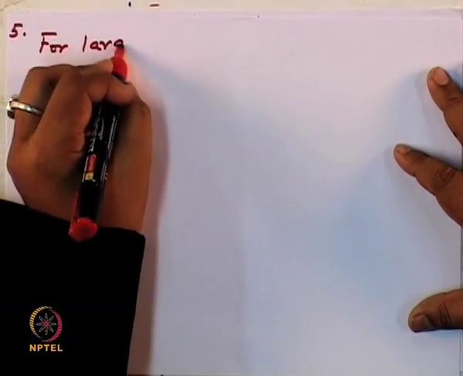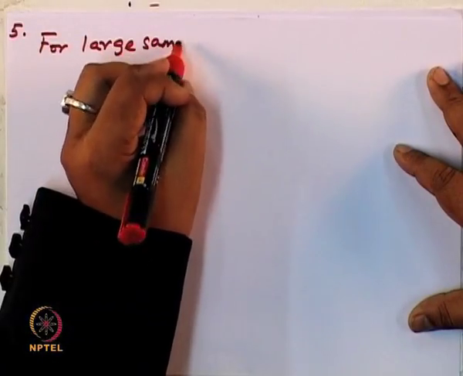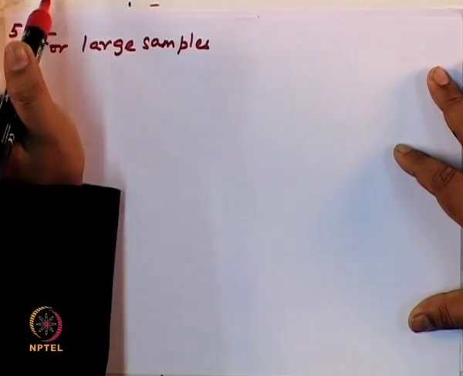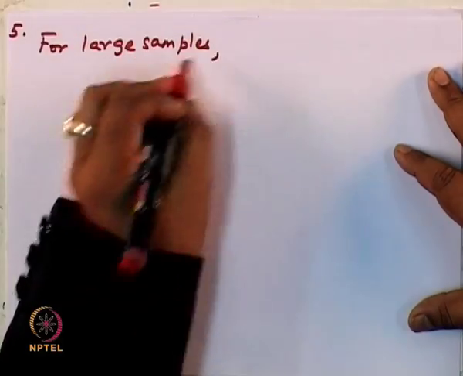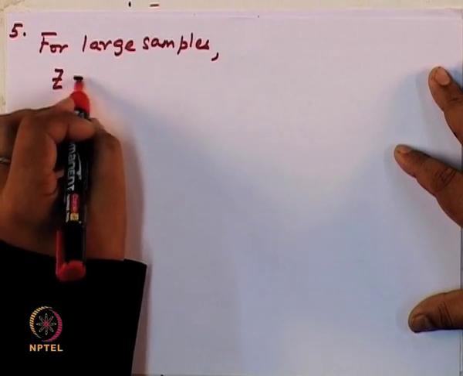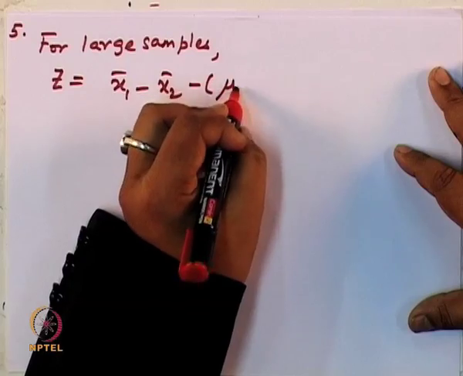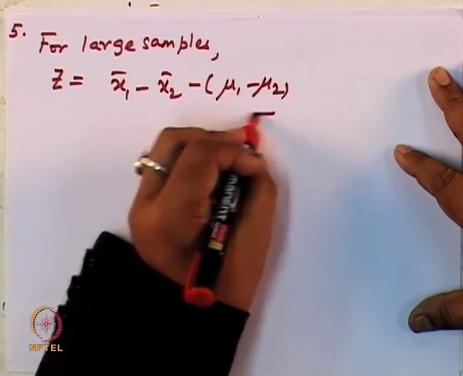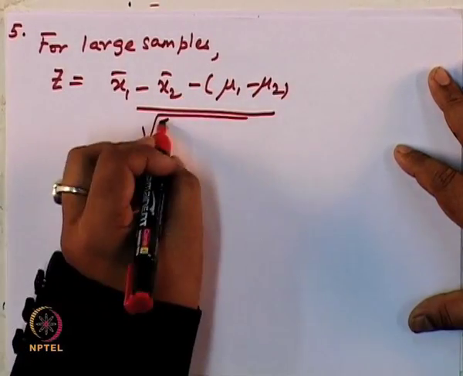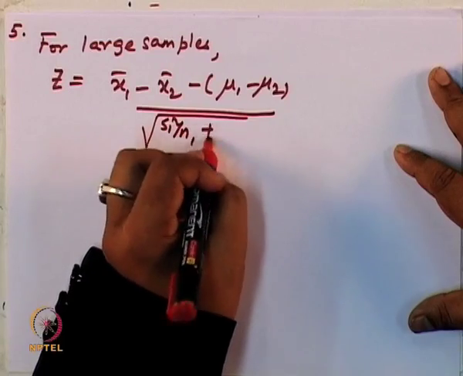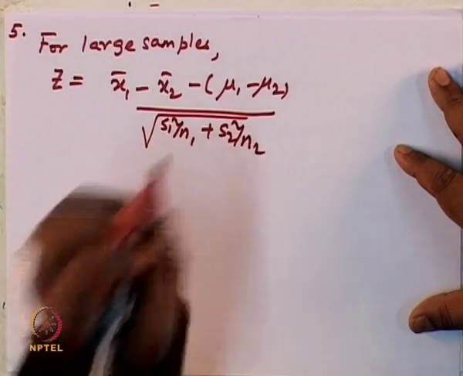You know that for large samples, you calculate the test statistic as x1 bar minus x2 bar minus of mu1 minus mu2 by root of s1 square by n1 plus s2 square by n2.